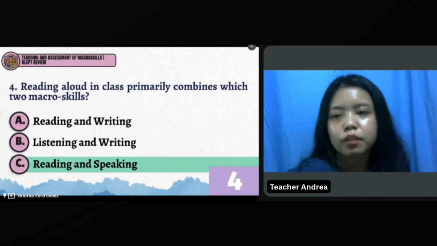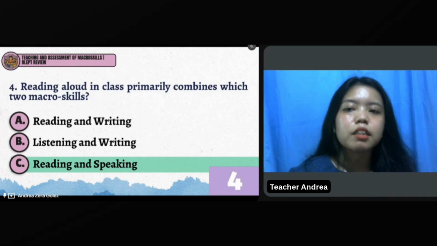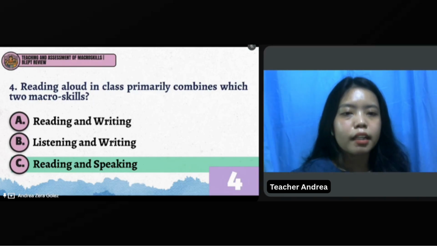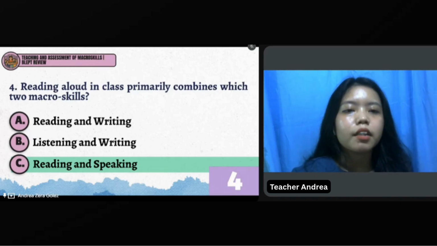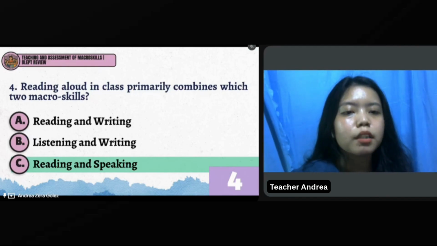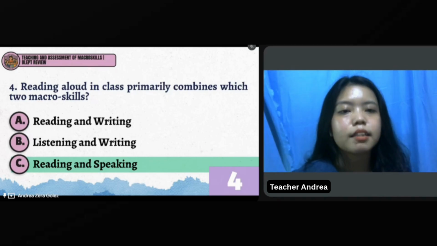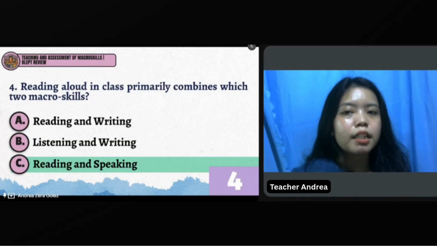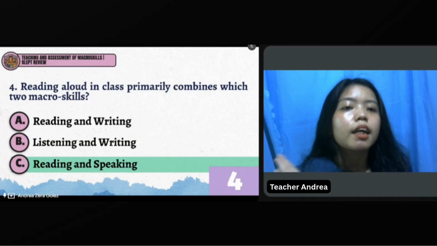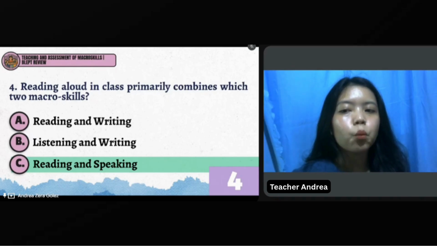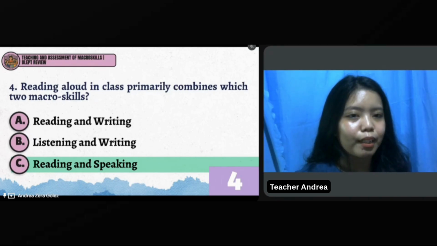Reading and writing focuses on reading the text itself and writing things about it. On the other hand, listening and writing focuses on listening to the text and writing something about it. When we use reading aloud, we should apply these two macro skills, which are reading and speaking. Did you get it?